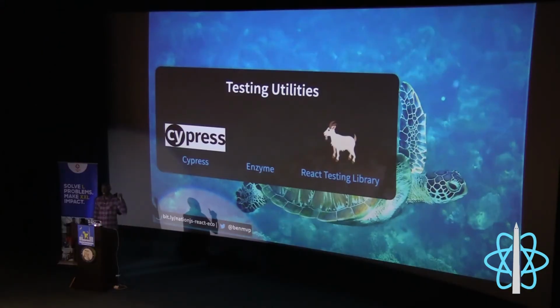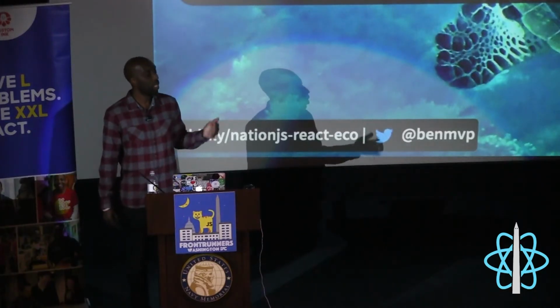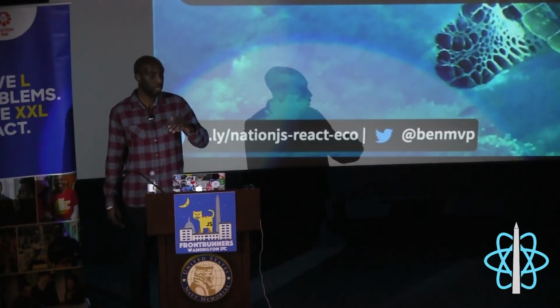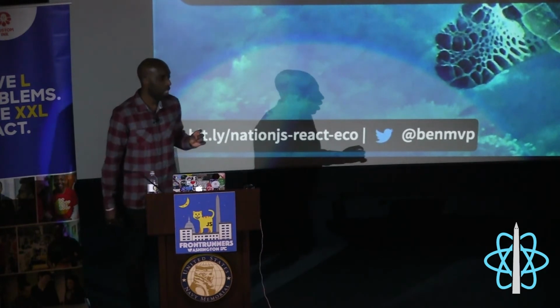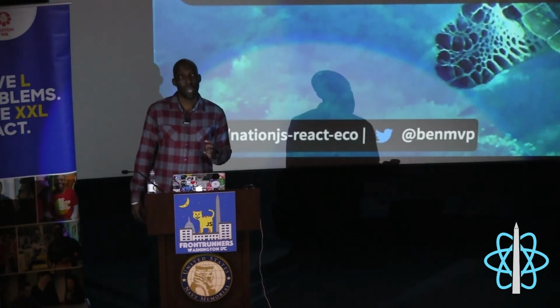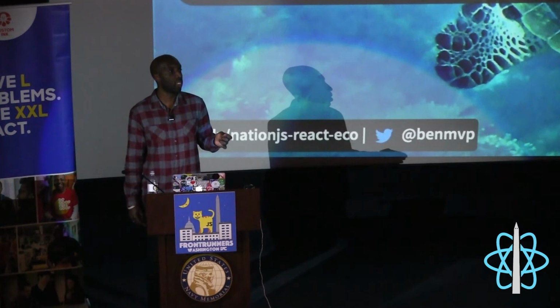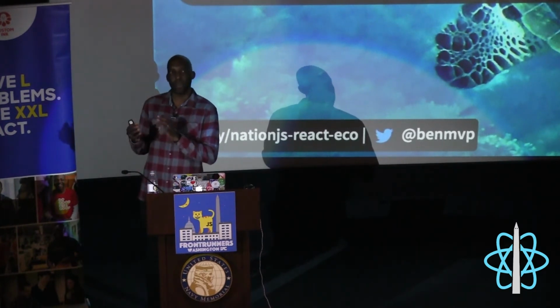So there is Cypress, Cypress.io, which enables us to run browser-based end-to-end tests. And it's not Selenium or WebDriver, if you're used to having to deal with those. It's actually written in JavaScript, and it's super duper fast. In fact, it can be used as a development environment because it will rerun your tests every time you change your component.